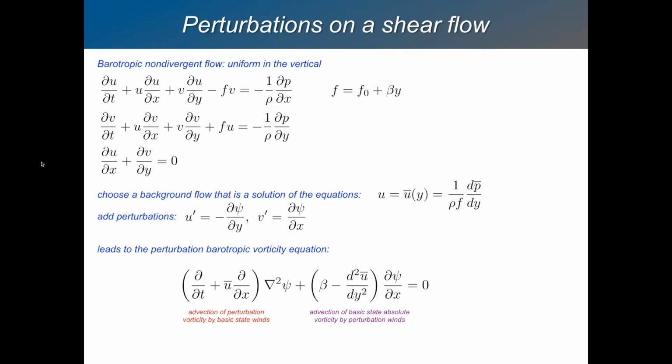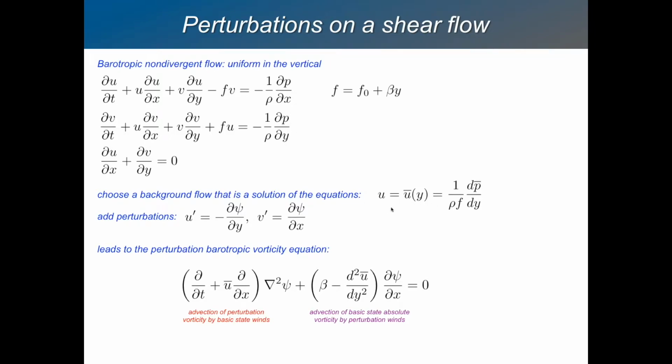We'll begin the theory part, right? So here are our momentum equations, and here's our continuity equation. We've got a beta approximation here, and we're going to try and find the appropriate vorticity equation, okay? But first we'll choose a background flow, all right? U bar of y, which is a solution of these equations, okay?